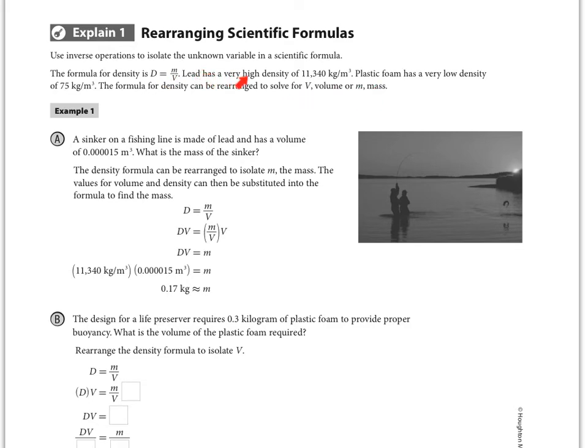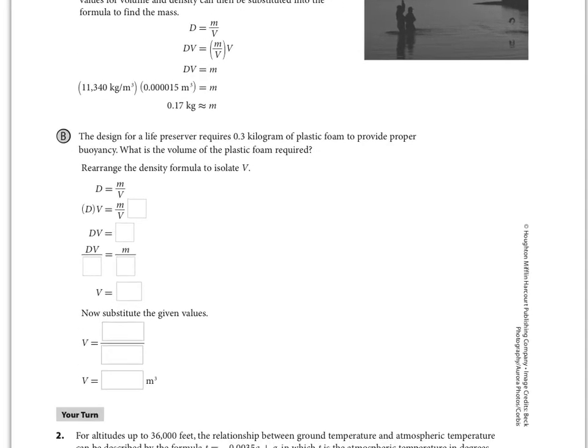Lead has a very high density of 11,340 kilograms per cubic meter, and plastic foam has a very low density of 75 kilograms per cubic meter. So that's going to be important information for us when we do this example B at the bottom. So I might have to scroll back up in a moment.